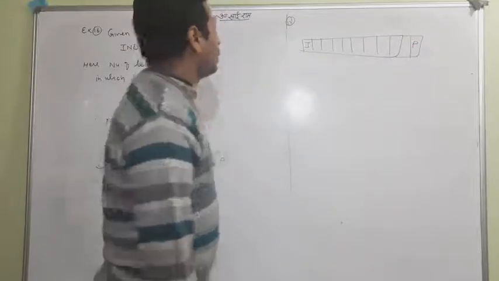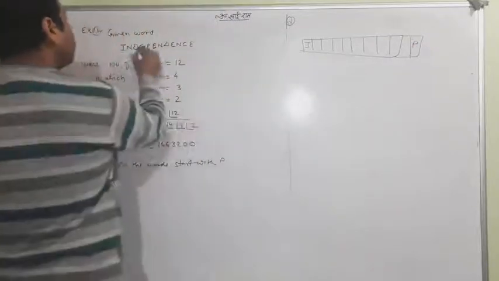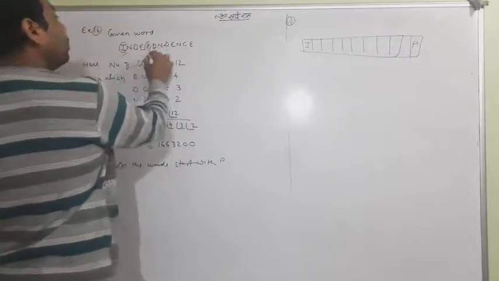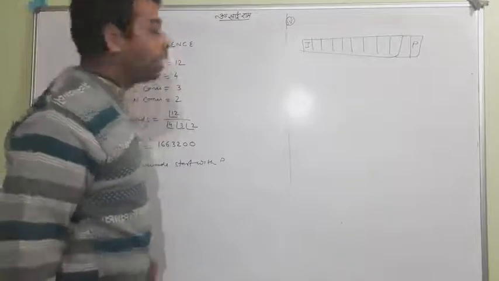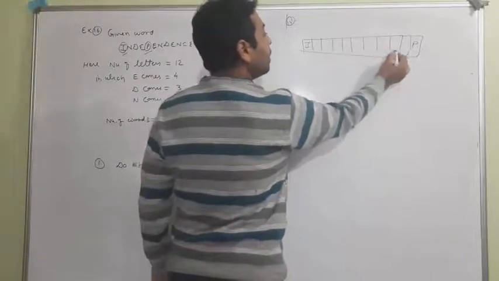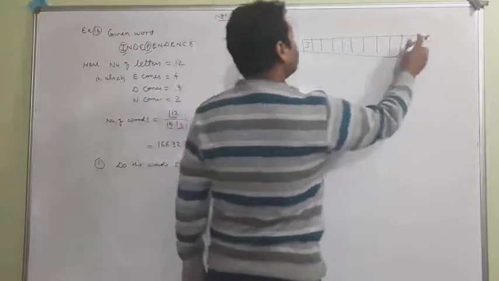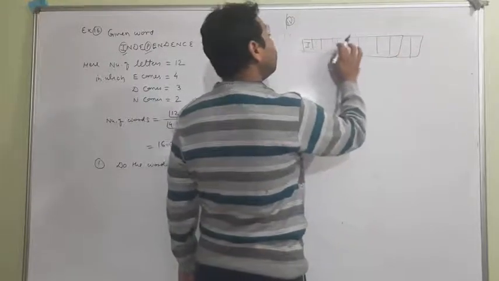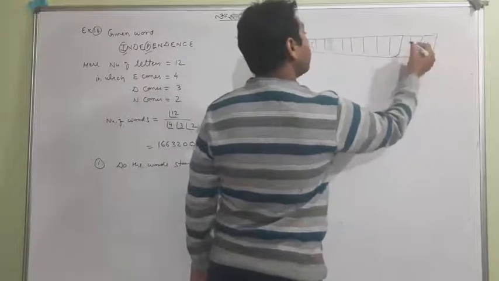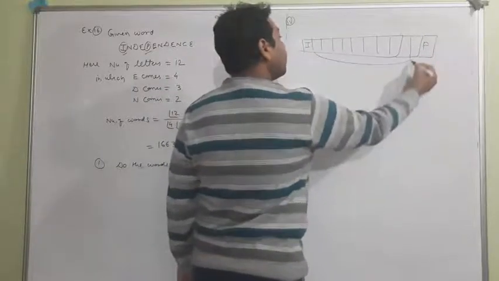When I write I here and P here, it starts with I and ends with P, so the rest are 10 boxes.